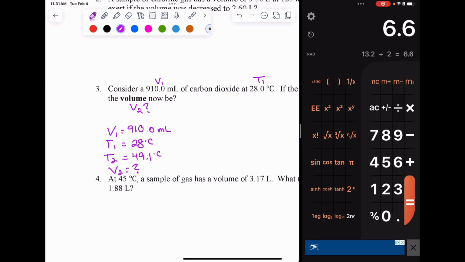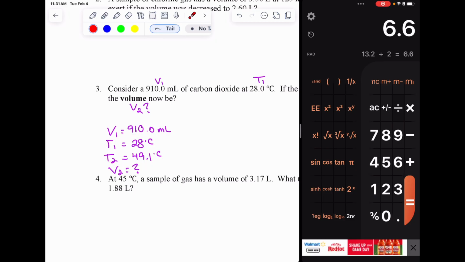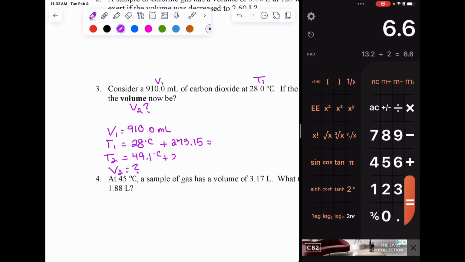All right, so the thing about this, we have our temperatures in Celsius, and no matter which law, our temperatures cannot be in Celsius, they have to be in Kelvin. So in order to go from Celsius to Kelvin, we are going to add 273.15 to both of these. And that'll put our temperatures in Kelvin.